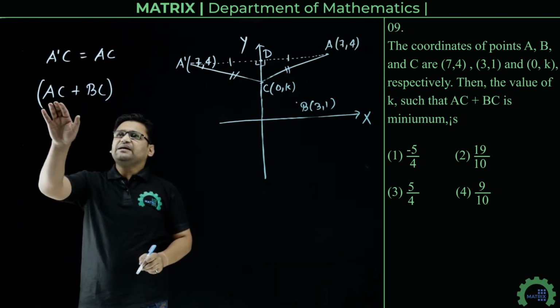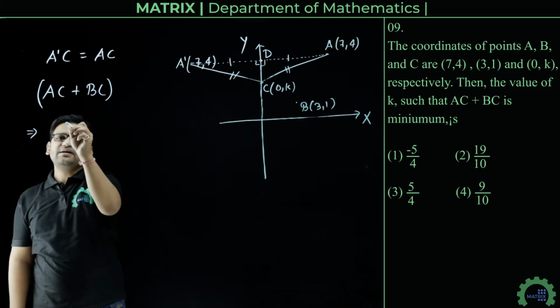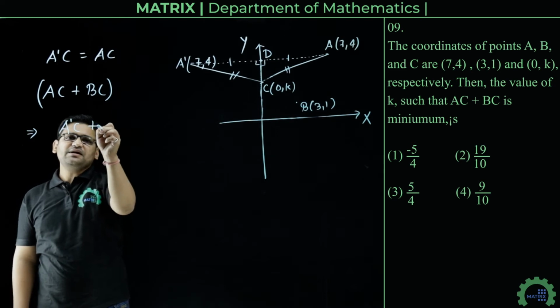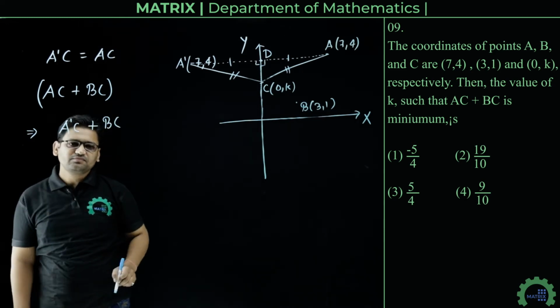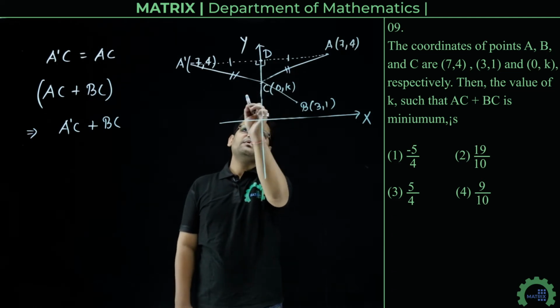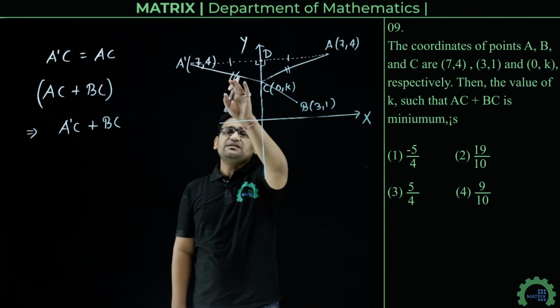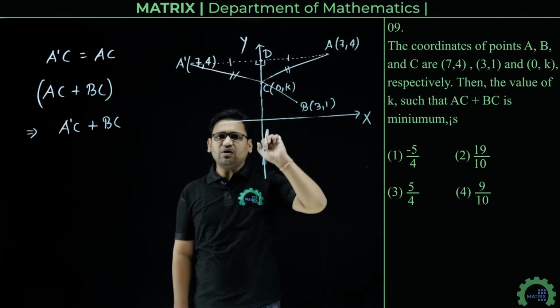So we can write AC as A dash C, so we can write A dash C plus BC. Now this value will be minimum when the 3 points A dash, C and B are collinear.